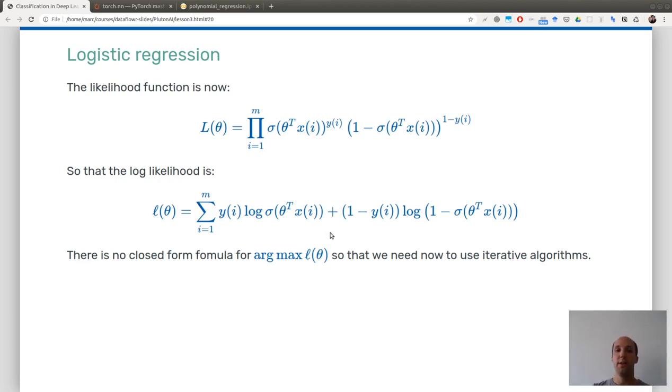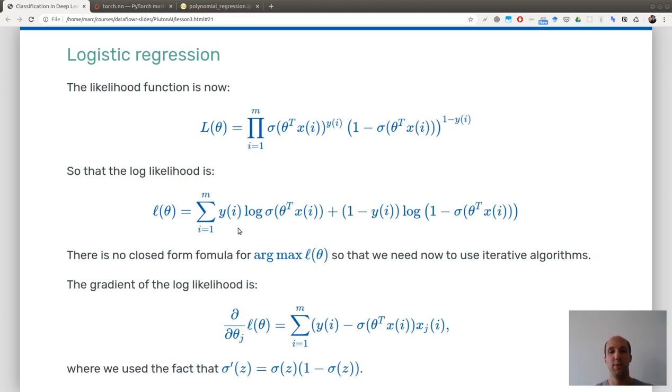So now again I want to compute the most probable parameter theta for my model, so I want to maximize this likelihood. Here there is no closed form formula for the parameter theta, as in the linear regression. So what you can do is use an iterative algorithm.